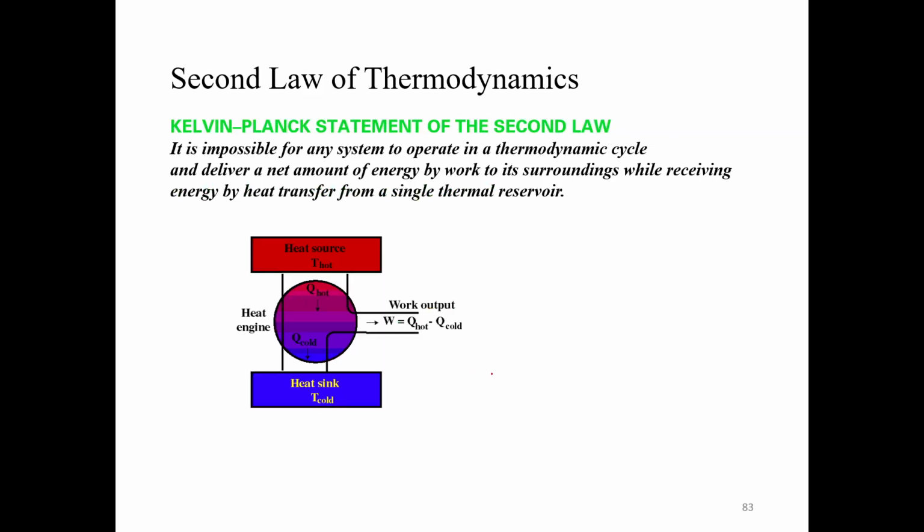Then we move on to the Kelvin-Planck statement. What Kelvin and Planck said was, it is impossible for any system to operate in a thermodynamic cycle and deliver a net amount of energy by work to its surroundings while receiving energy by heat transfer from a single thermal reservoir.